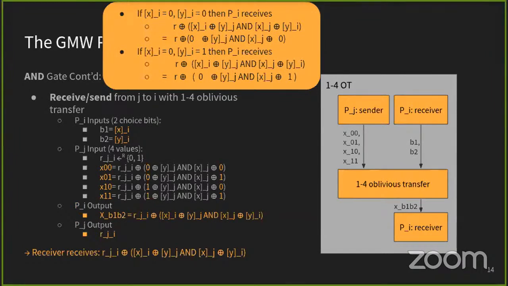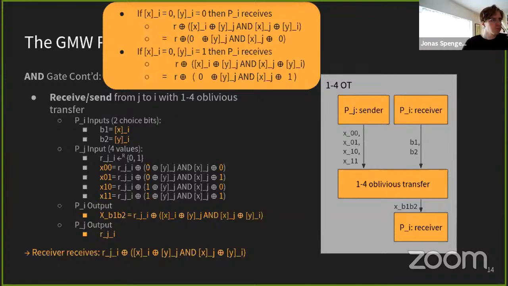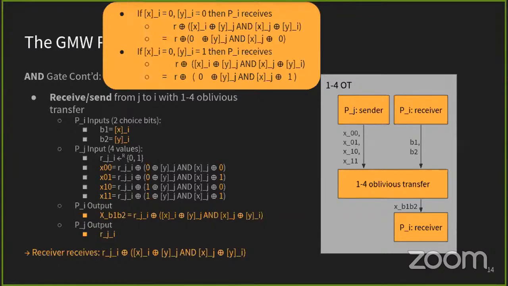So when you have this expression, this xi XOR yj and xj XOR yi, then you can further break it into just pairwise ANDs, like xi, xj, and yj yi, right? Isn't it the case that a single 1 out of 4 Oblivious transfer is just more optimal than 4 different 1 out of 2 Oblivious transfers?